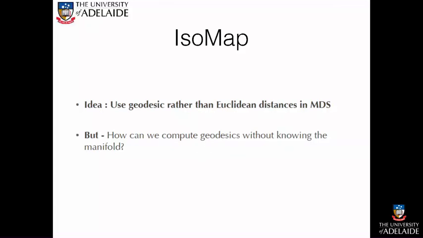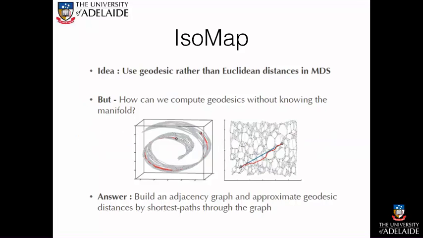If we know the manifold, then it's very easy to calculate the geodesic distance. If we know the geodesic distance, we can uncover the manifold using eigen decomposition. All right, so in Isomap, we actually calculate the approximate geodesic distance, right?